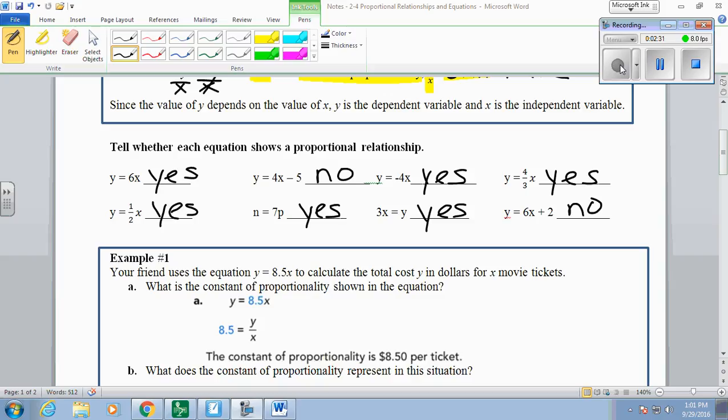The ones that say no have this little bit of extra here. So for example, this y equals 4x minus 5, that is a no because it has a little bit extra, and the y equals 6x plus 2 is also a no. Your coefficients can be negative, your coefficients can be fractions. It didn't say anything about that. It just has to be one number.